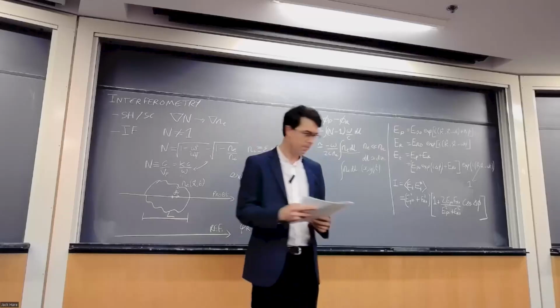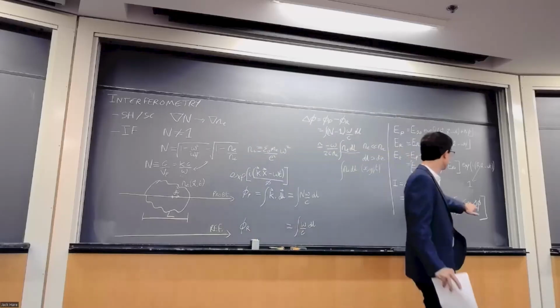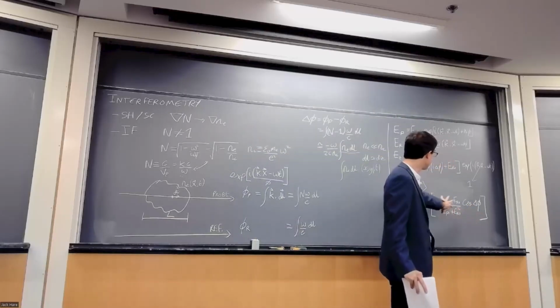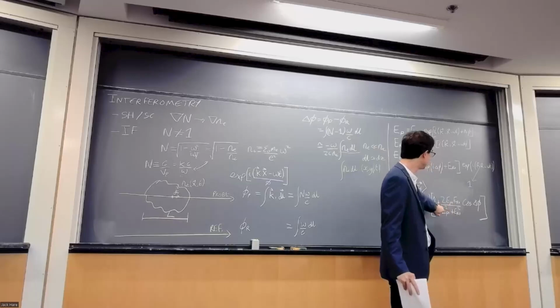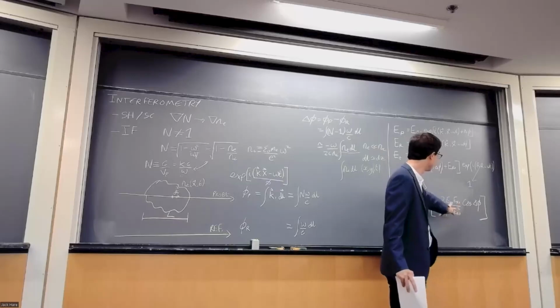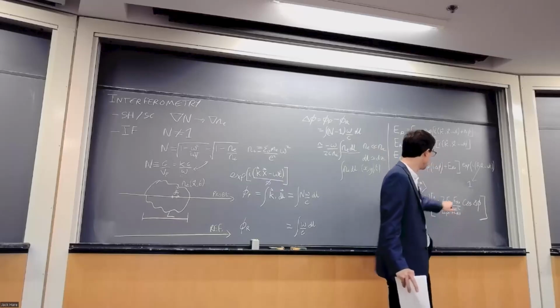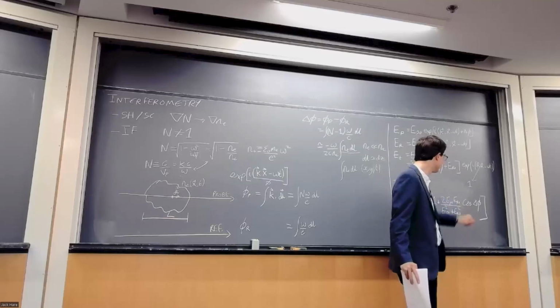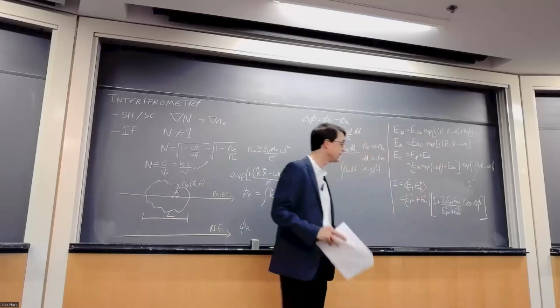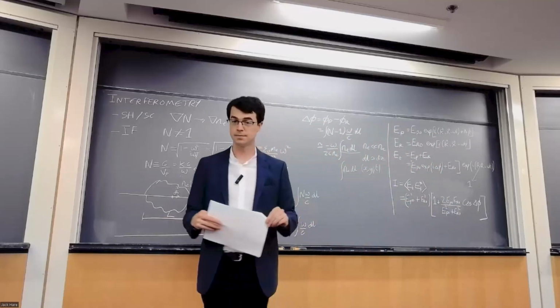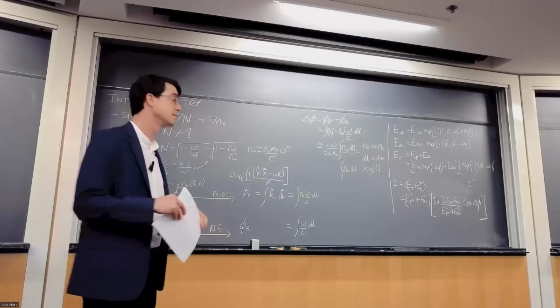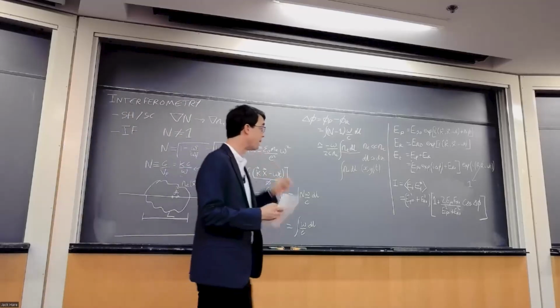Anyone know, if I want to measure delta phi very nicely, I clearly want to maximize this term with respect to this term. Do you know what values of the probe field strength and the reference field strength I need in order to maximize that? Do you want it to be equal? Yeah.